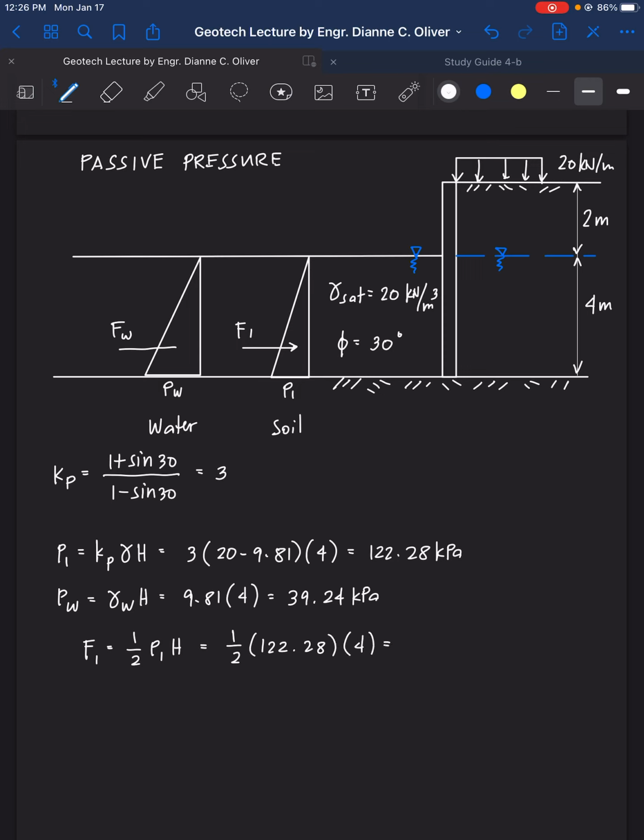So 244.56 kilonewton. Force water is 1/2 P water height. So 1/2 P water is 39.24 times 4. That is equal to 78.48 kilonewton.